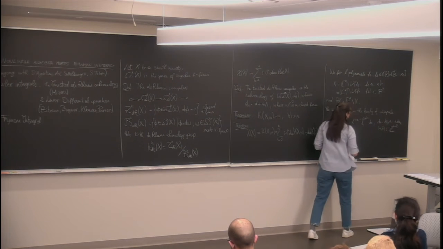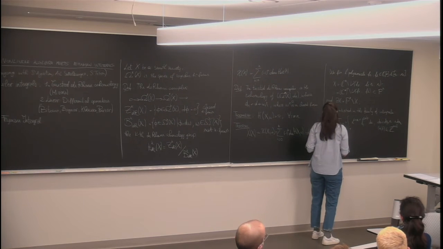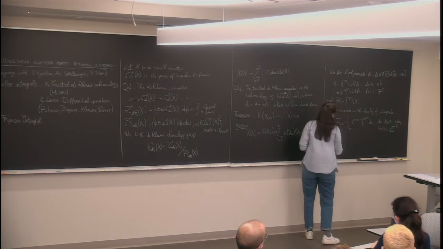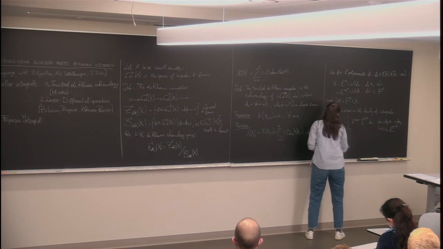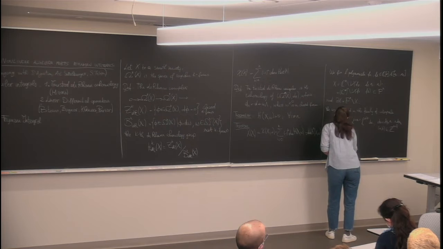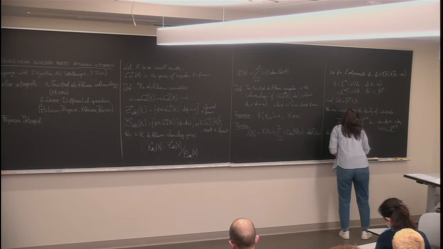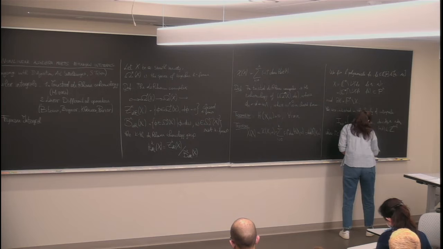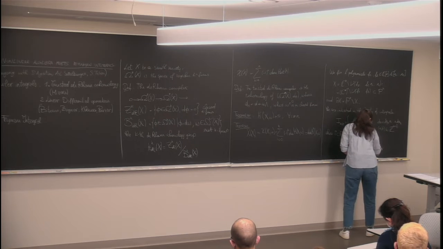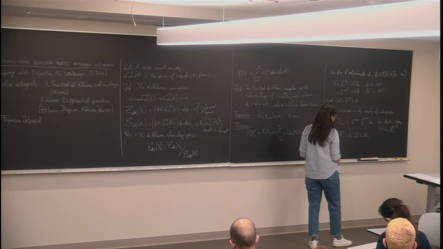A corresponds to x and b to f, and I need to tell you what gamma is. Gamma is a contour in P^n such that the border of gamma is contained in the border of X, and this is an n-dimensional integration contour.